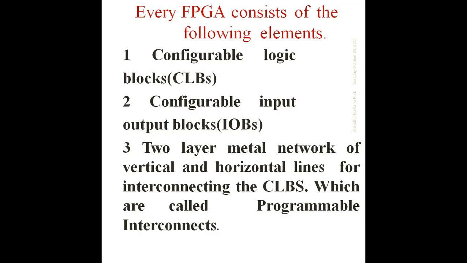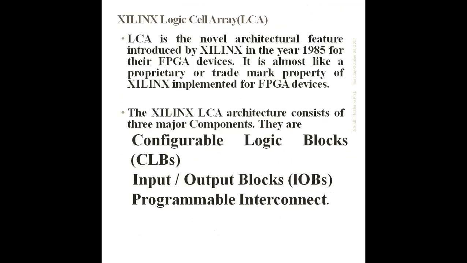What is meant by programmable interconnect? They are the vertical lines and horizontal lines, say in a 4x4 matrix, 4 rows and 4 columns, vertical and horizontal lines. They are the interconnecting lines, that is the programmable interconnect.